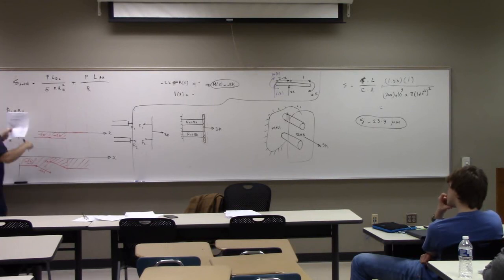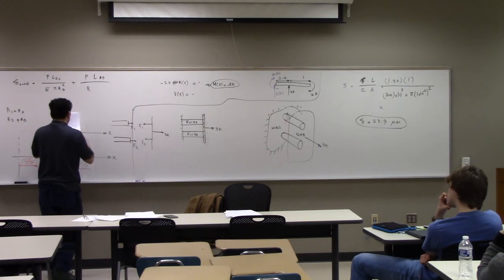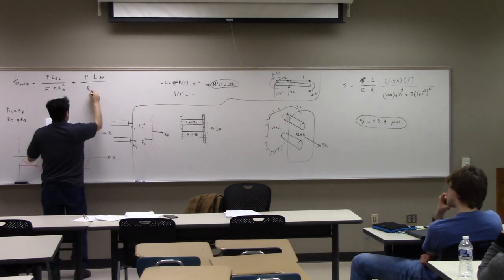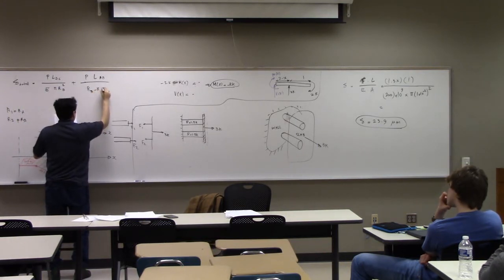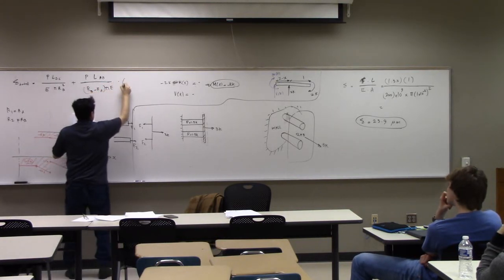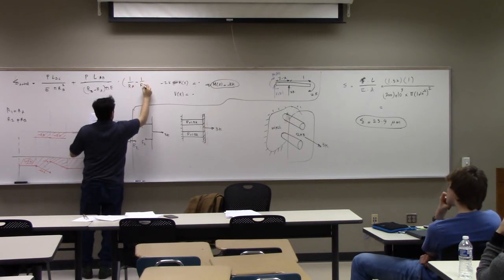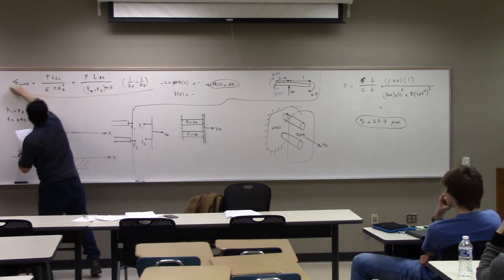When you put in the formula, you get PL AB divided by (RB minus RA) pi E, times (1 over RA minus 1 over RB). I'll see you next class. This is my answer.